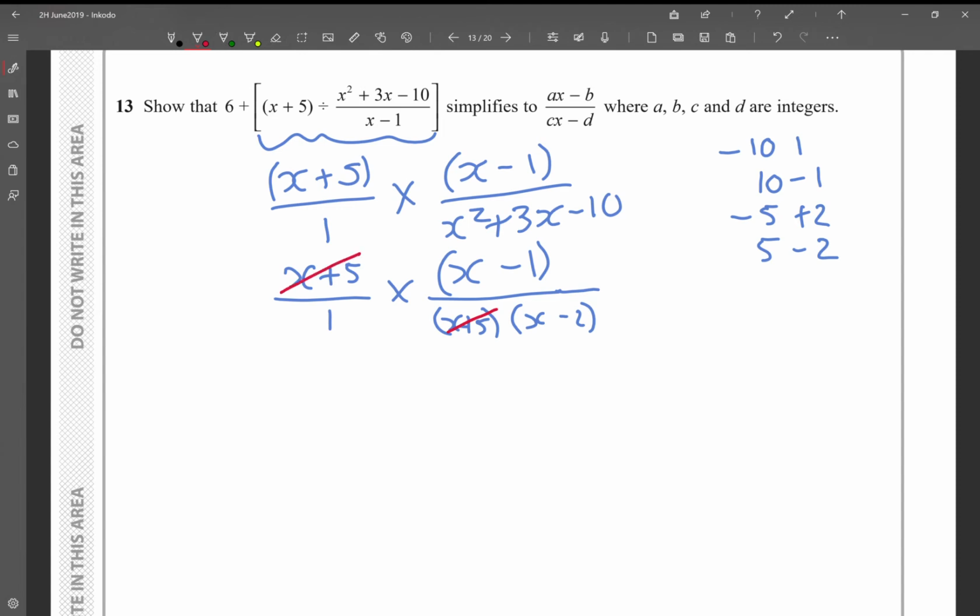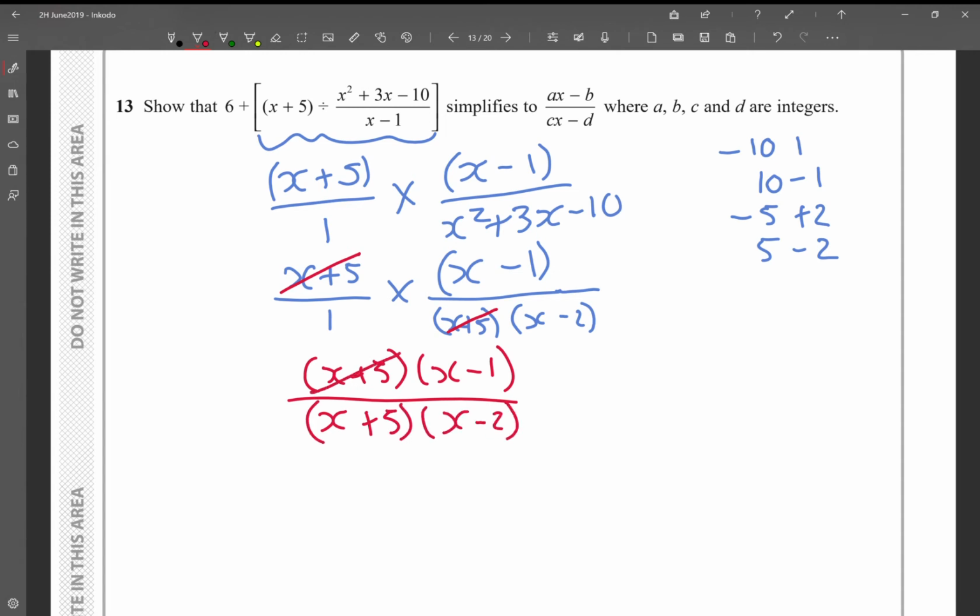The reason is you're actually going to be timesing the x plus 5 by x plus 1, so you end up with x plus 5 and then x times minus 1 all over, and then 1 times all of this, which obviously stays the same, so you end up with x plus 5 times x minus 2. Now they're one after the other, on top of each other, they cancel. So you're actually left with x minus 1 over x minus 2.